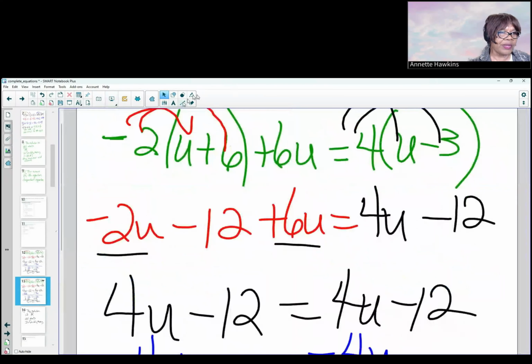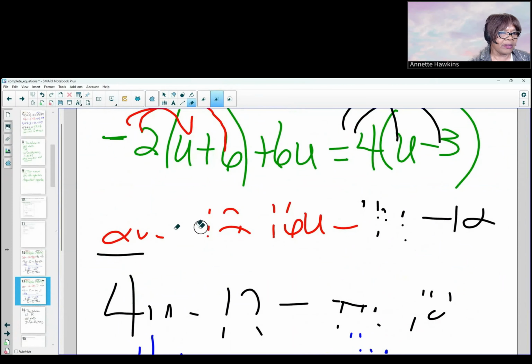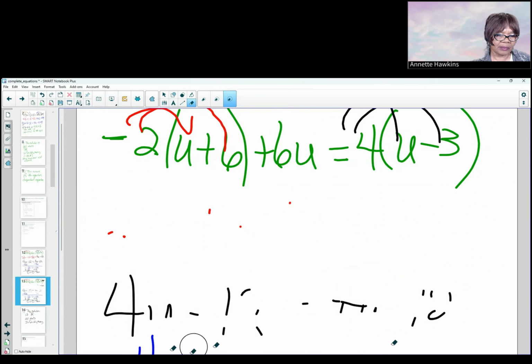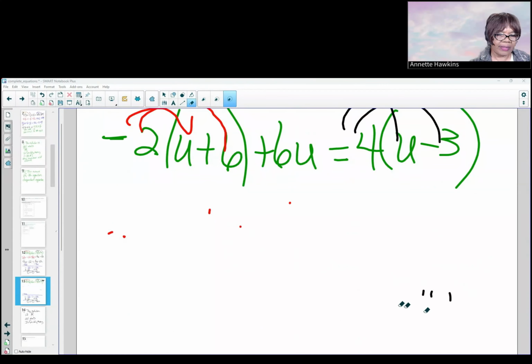All right, so what do we mean by infinitely many? Okay, so this is what we mean. Any number you tell me will work in this equation.